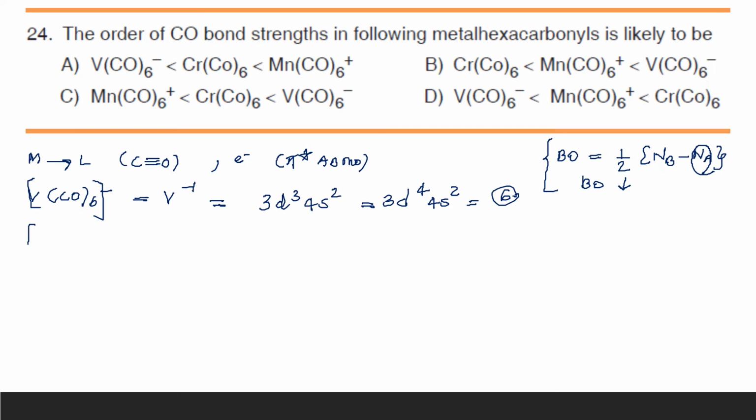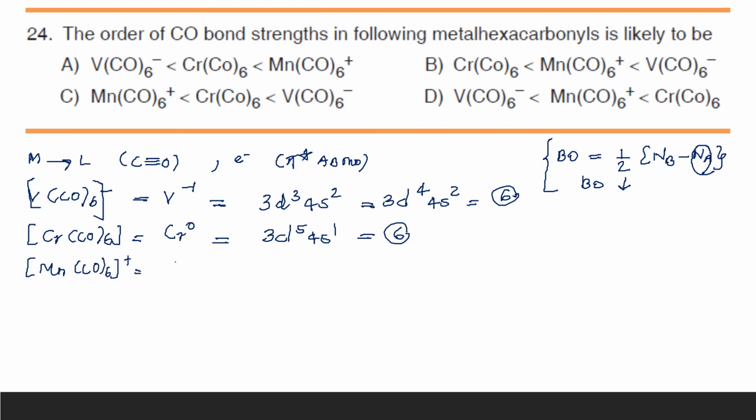Now coming to Cr(CO)6. Here the chromium is in zero oxidation state, and the configuration of chromium is 3d5 4s1. Here also you have 6 electrons. And in the case of manganese, Mn(CO)6 plus, it is in the +1 oxidation state.